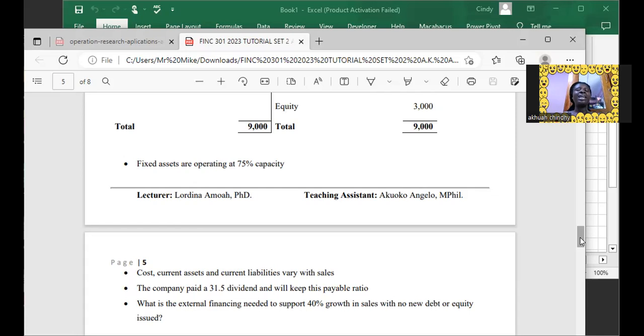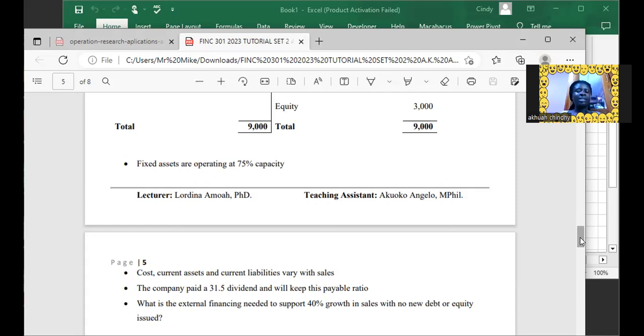So this company has a dividend payout ratio of 31.5%. Then they said, what is the external finance needed to support 40% growth in sales? No new debt or equity issue. So our focus here, that's where the pro forma also comes in. We've made up our minds that in the future we want to grow our sales by 40%.